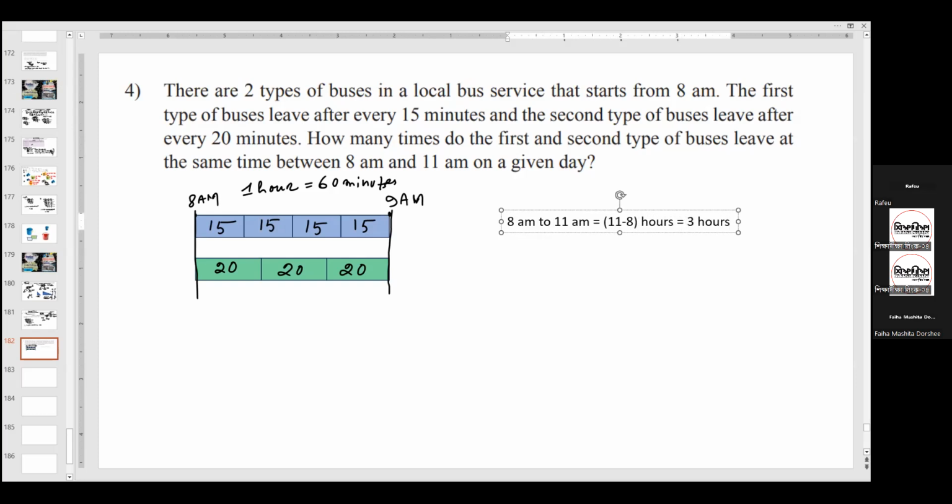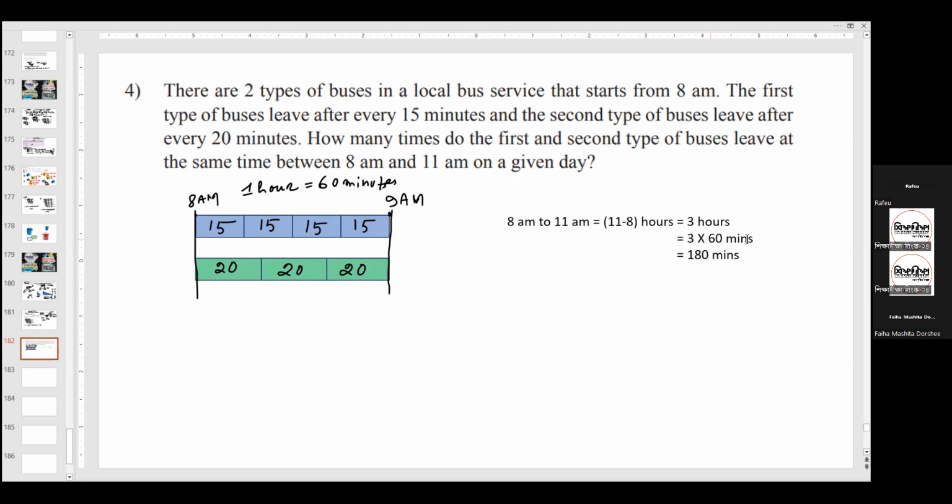And at the end, 3 multiplied by 60 minutes, so we can write 180 minutes, right? We are converting this total time duration into minutes because the interval of the buses leaving the station is in minutes. Now we have to find in what interval they leave the place at the same time.